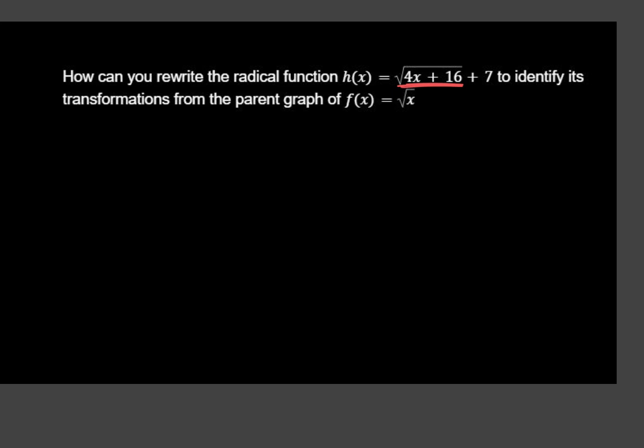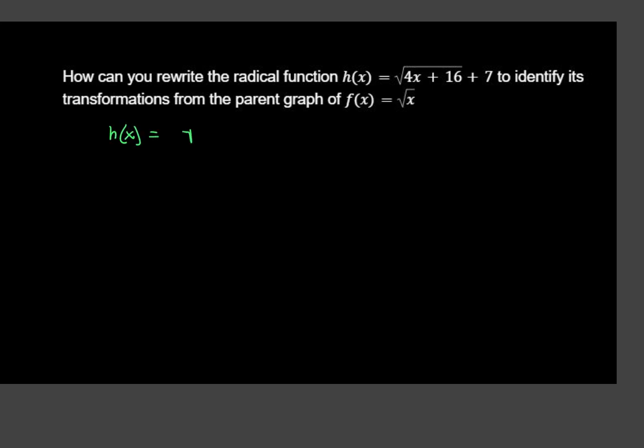So one of the ways we can deal with this is just rewrite it so that there's no coefficient on the inside. And for most types of functions that we've looked at throughout the year, we can do that with, or it's already done for us. So in this case though, we're going to look at how to actually do this.